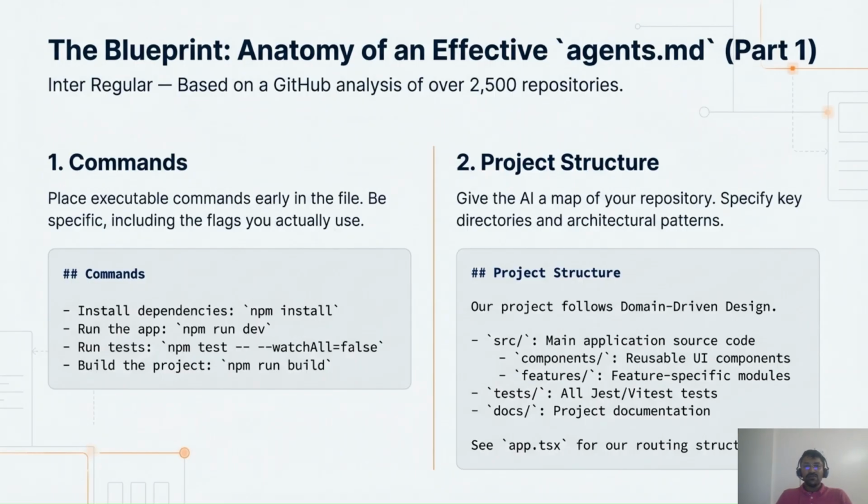After that we have the project structure: the source, test cases, and documents of the project, and one file is kept for all the routing structures.